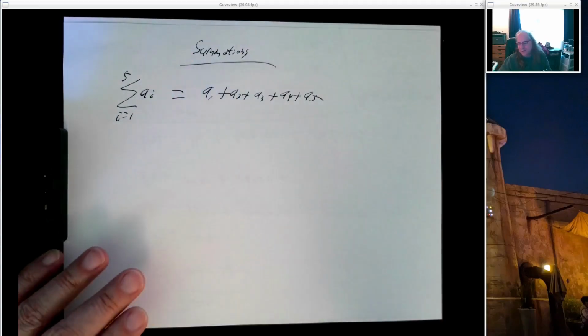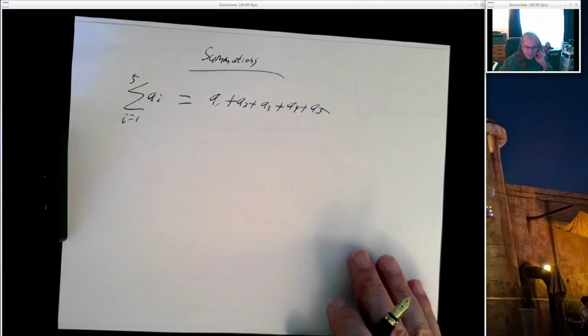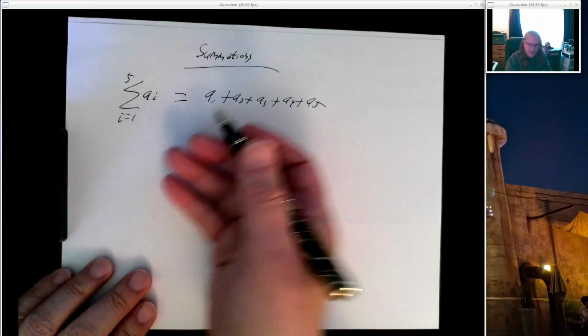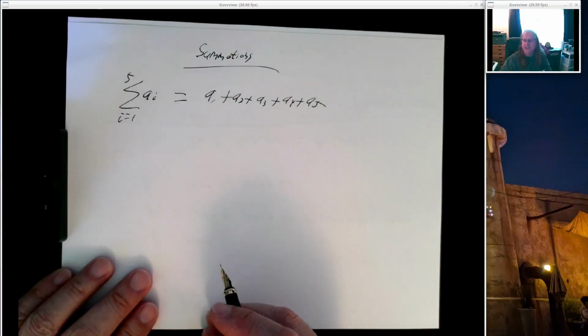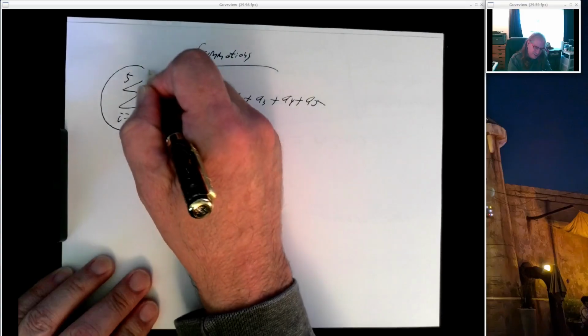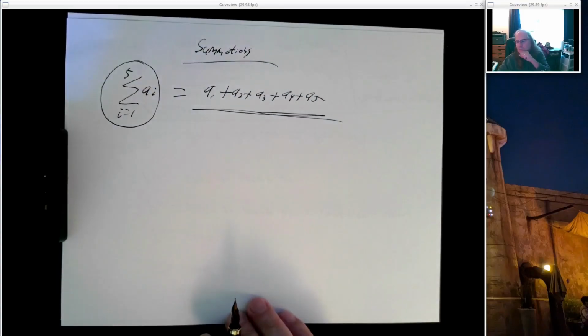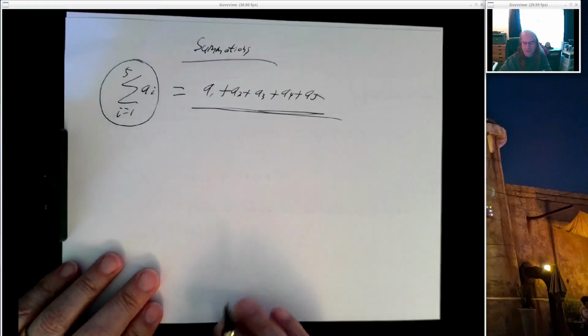Same letter a, nothing to do with the sequences we were talking about a minute ago. a subscript i is just some collection of values. This symbol is just a shorthand for this expression. Right? That's all it is.